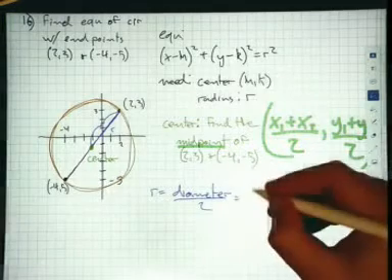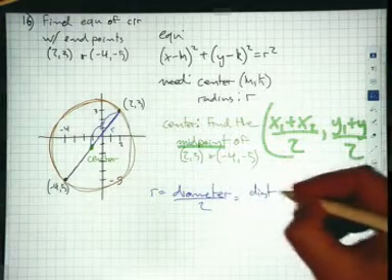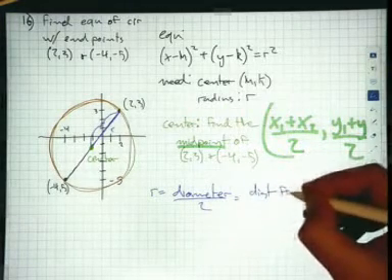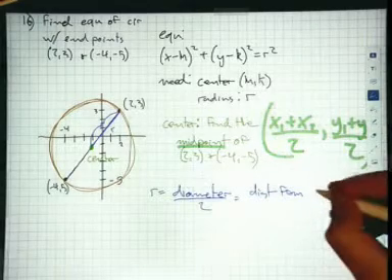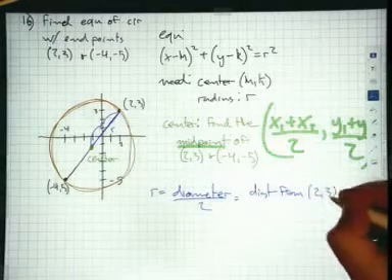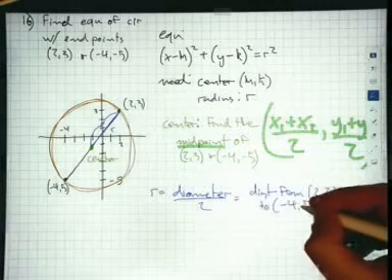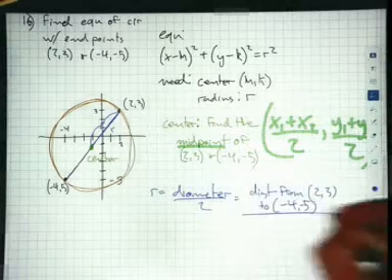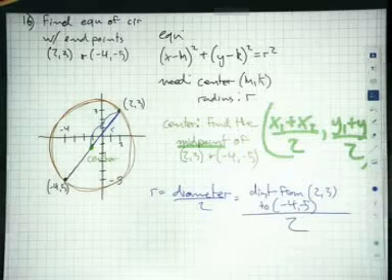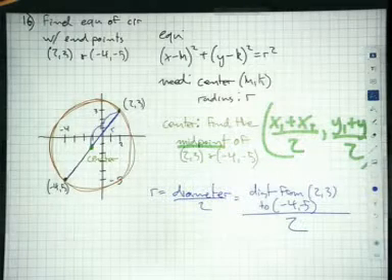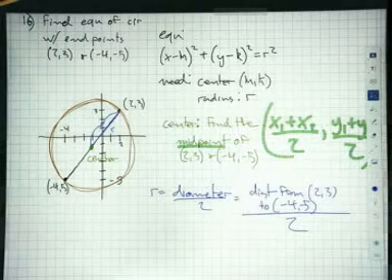So that means I could find the distance from this 2, 3 to -4, -5 and divide that by 2, and that will give me my radius.